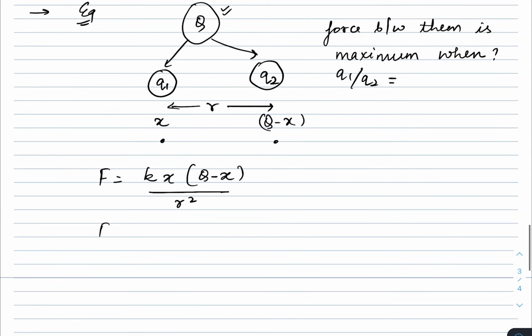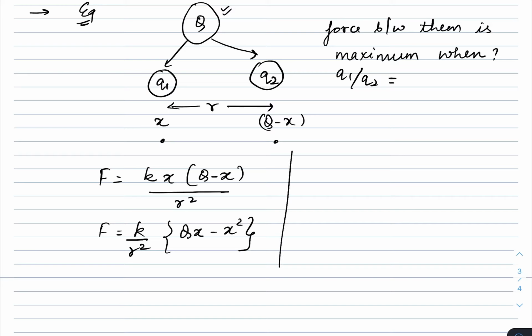We can simplify it. K by R square will come out as a constant, and we multiply X into Q minus X, which becomes Qx minus X square.